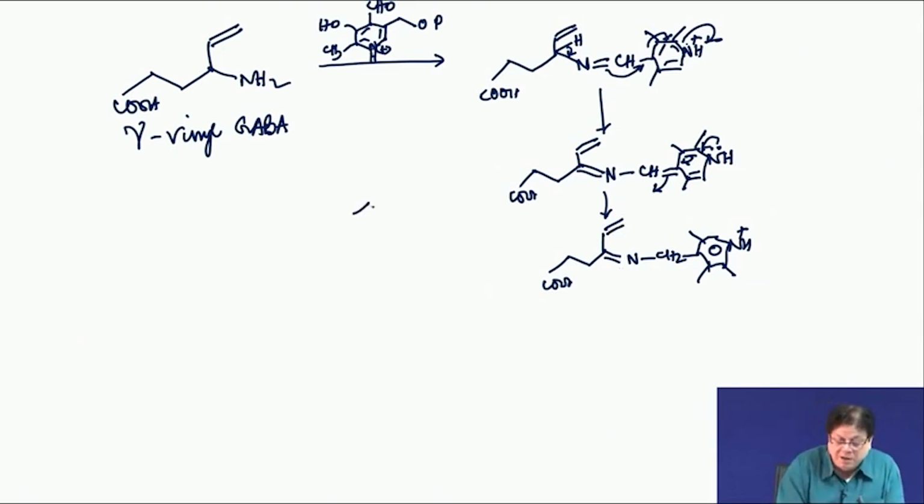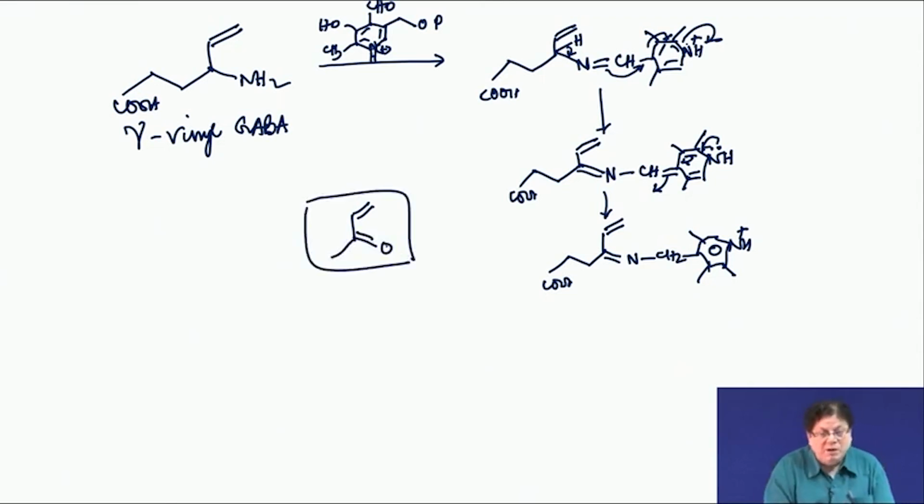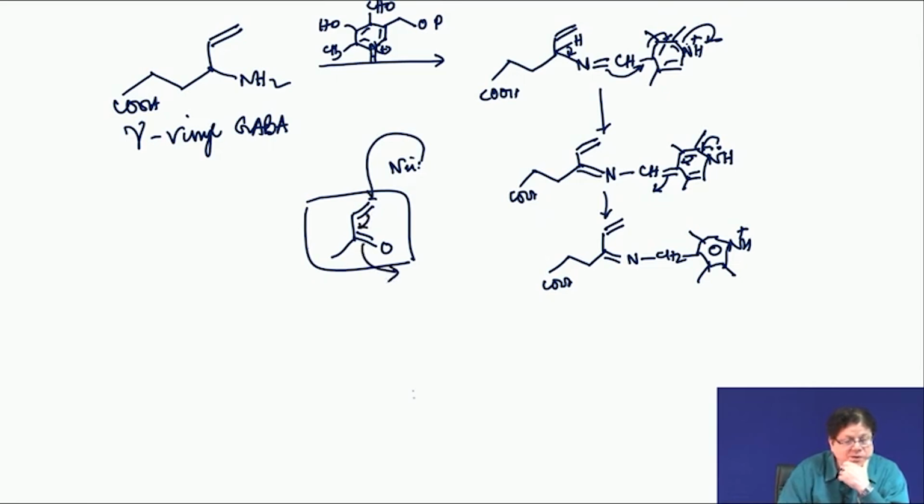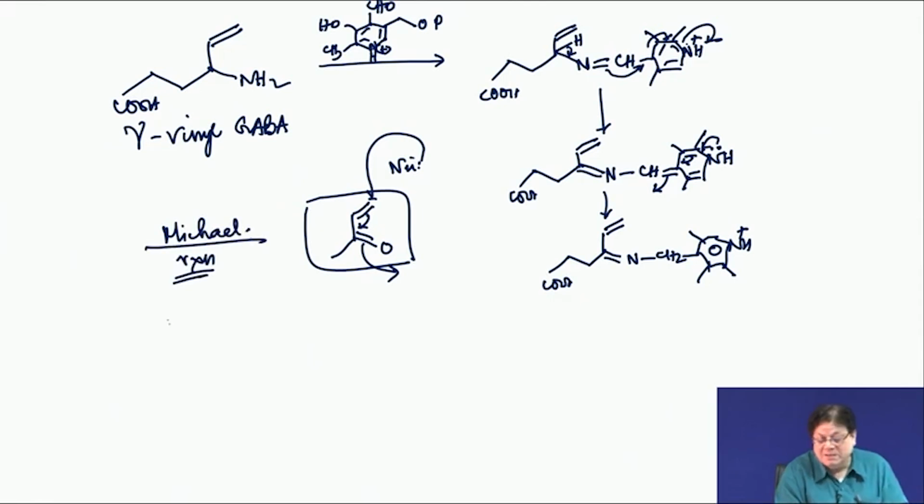So, this is resembling an alpha beta unsaturated carbonyl system where the oxygen is replaced by nitrogen. And the usual reaction of alpha beta unsaturated systems attached to an electron withdrawing group is what is called the Michael reaction: if you have a nucleophile, it can attack here and add to it by Michael addition. So, this molecule is well placed to act as an acceptor of a nucleophile via Michael addition.